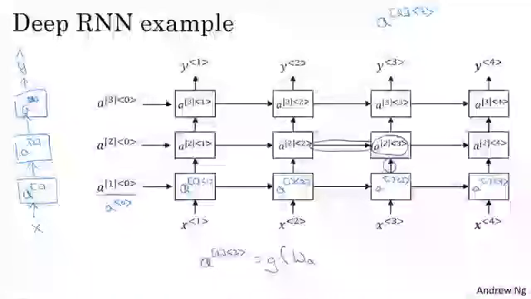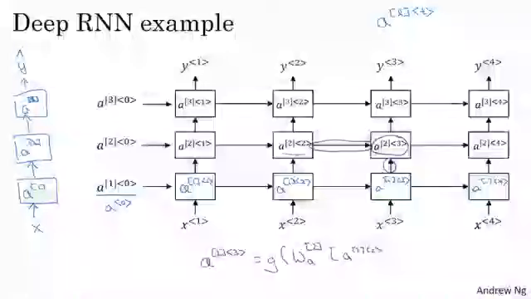This is going to be W_a because it's computing an activation quantity, for the second layer, so W_a^[2] times A^[2]<2>, comma, A^[1]<3>, plus b_a^[2] associated with the second layer, and that's how you get that activation value.